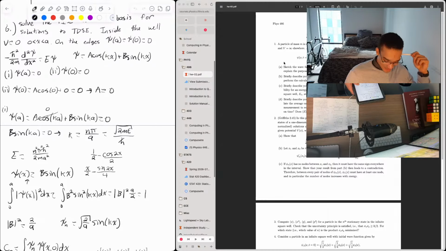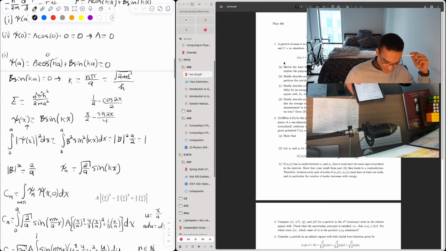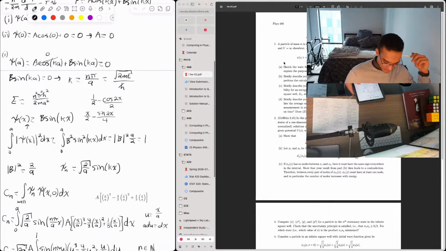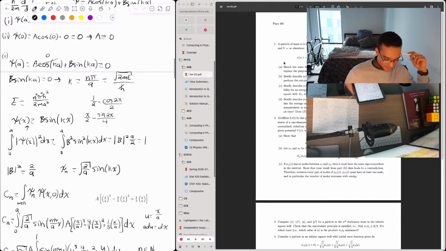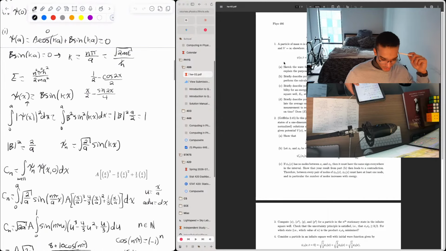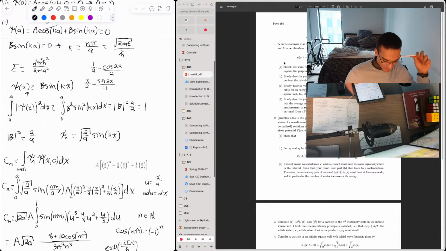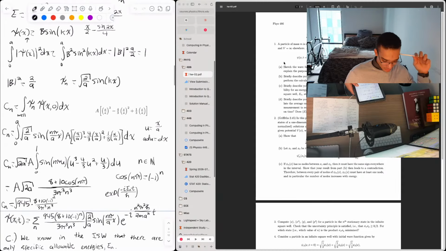Okay, it doesn't need to be on my equation sheet, actually. Yeah, it's just me deriving these formulas for some reason. I already have those. C of n. Yeah, I already did.